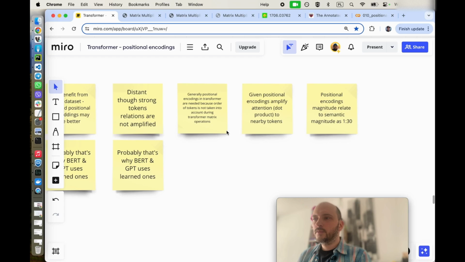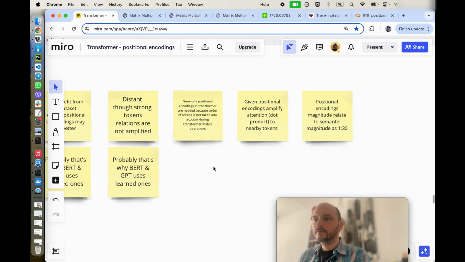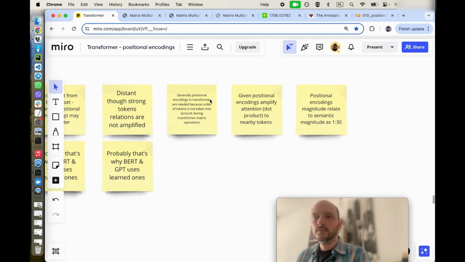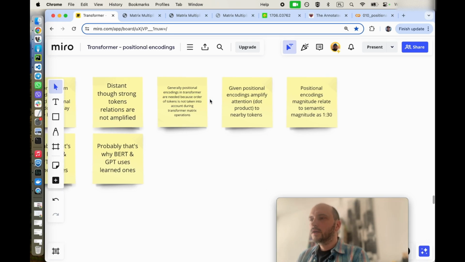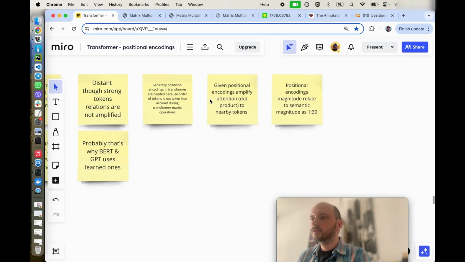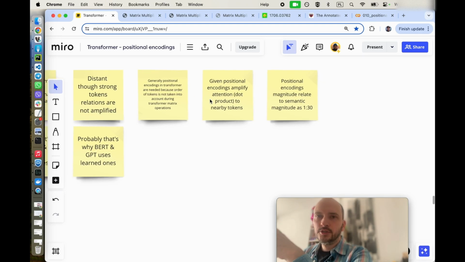So that's why we need the information to be added, and I have shown you the design of the layers that are in the transformer. So how does it happen that they don't take care of the position? The positional encodings mechanism amplifies nearby tokens from the beginning without any learning, which is great. And positional encodings magnitude relates to semantic magnitude as 1 to 30, as I've shown you in an example.